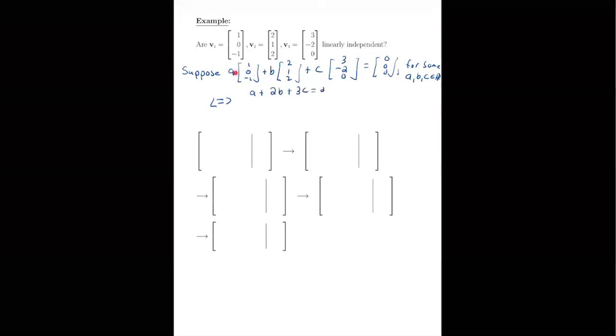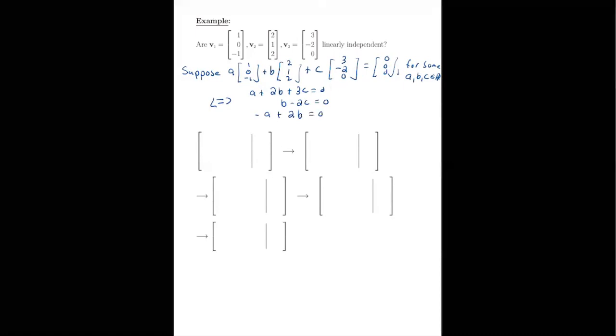And then we're going to get another equation from the second entry. So B minus 2C is equal to 0. And negative A plus 2B is equal to 0.